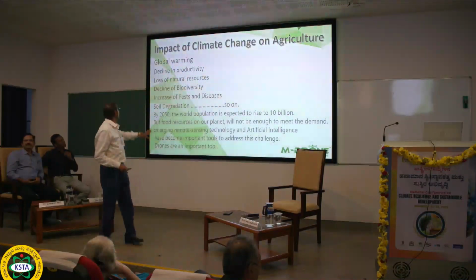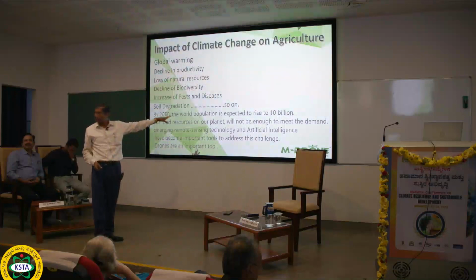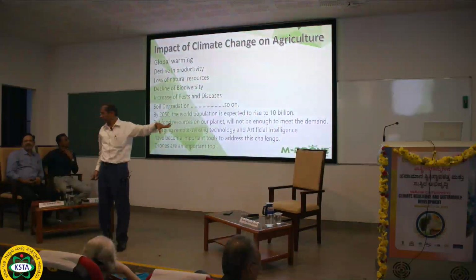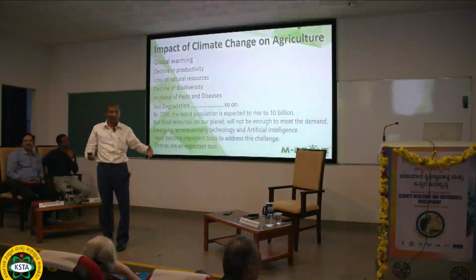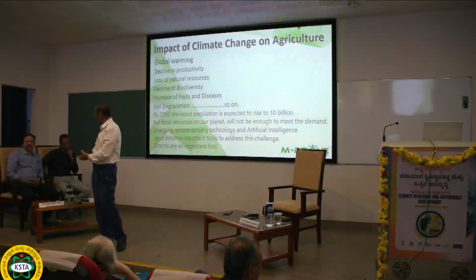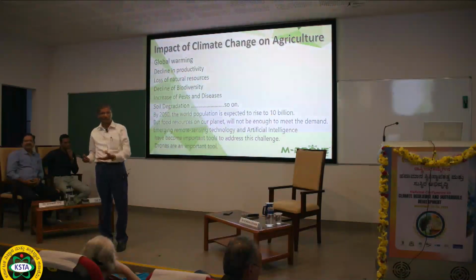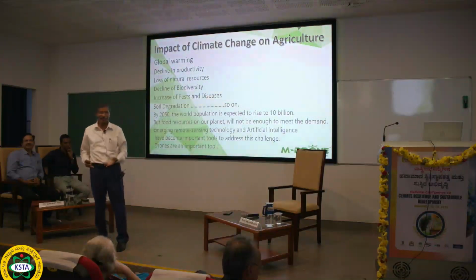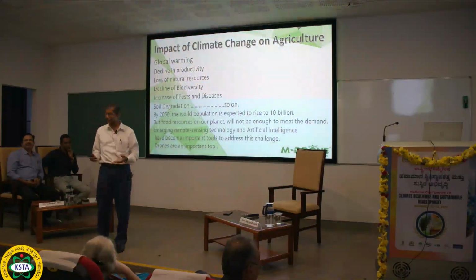Today, you are aware that global warming is happening. You are aware of the decline in productivity. Today, in Mandya, Mysore, Bellary, there is a lot of decline in productivity. My father used to grow 100 tons of sugarcane. Today, it is difficult to get 40 to 50 tons of sugarcane. Paddy, the same thing.